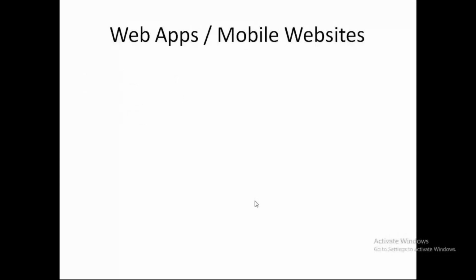Coming to web apps or the mobile websites, as I told you, with reference to mobile, the application is designed in such a way that it will act as a mobile website. Sometimes we call it M dot. Any website you launch on your mobile, for some of them the domain will change to M dot. For example, when you launch Facebook on your desktop or laptop, you have www.facebook.com.